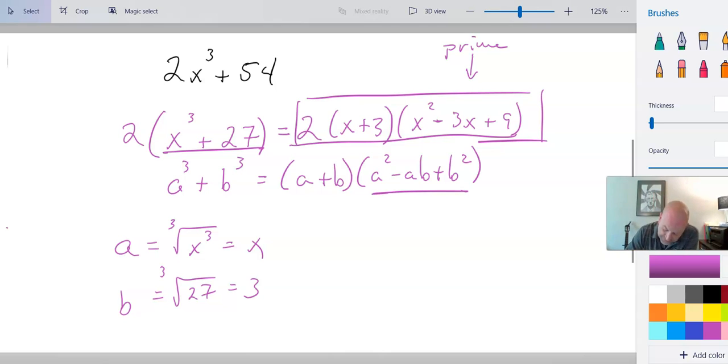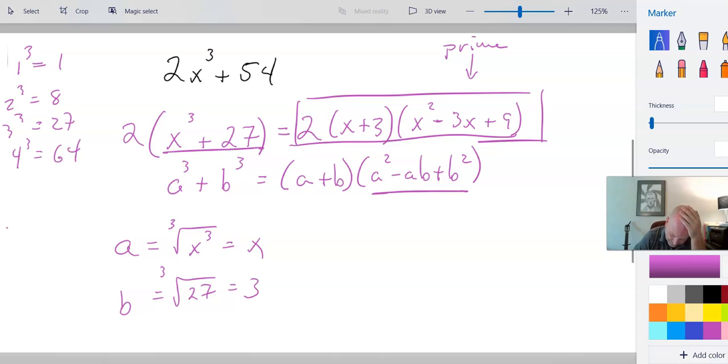If you don't want to do it by hand, just pull out your calculator and start looking at cubes. 1 cubed is 1, 2 cubed is 8, 3 cubed is 27, 4 cubed is 64, 5 cubed is 125, 6 cubed is 216. It keeps going and going. 7 cubed is 343.